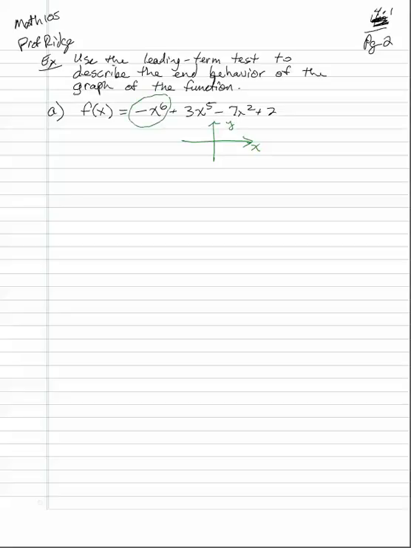Now, since the leading term is negative x to the 6th, the degree is even, and the leading coefficient is negative. Okay? So if the degree is even, both ends are going up or both ends are going down. If it's positive, they go up. If it's negative, they go down.